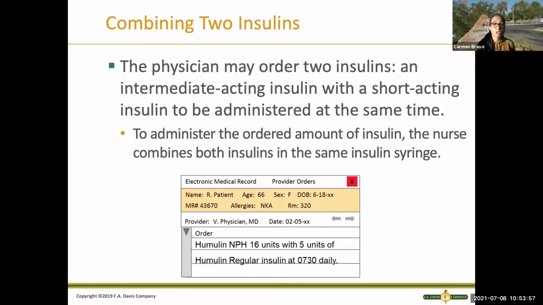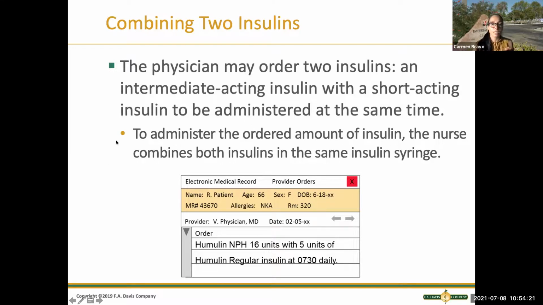For example, the doctor will order an intermediate acting. The intermediate acting are those that start acting in 6 to 10 hours. And they might add an intermediate acting with a short acting at the same time. Those two you can combine.